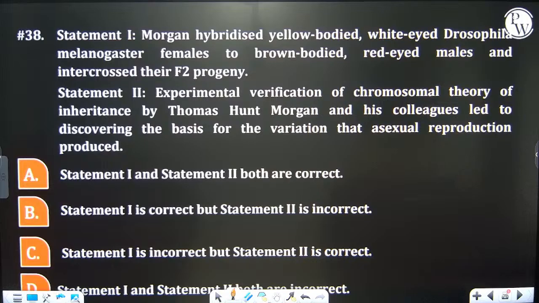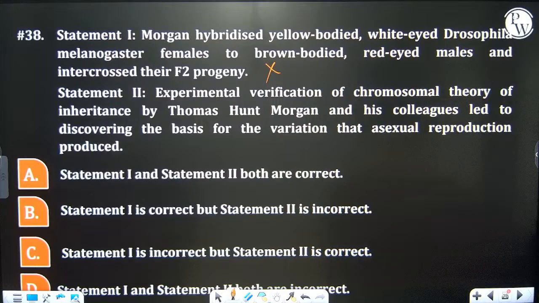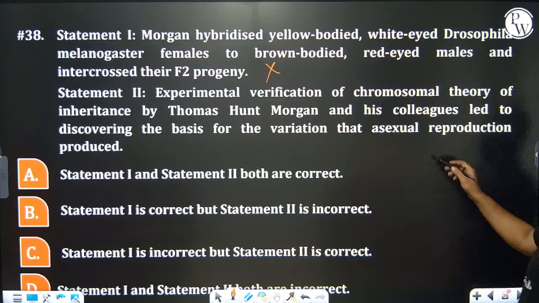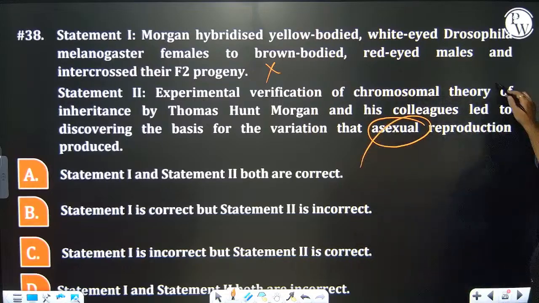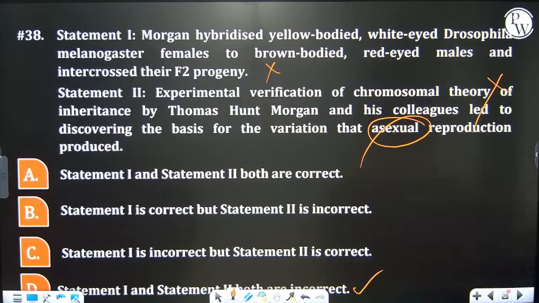So the answer for this is, let's see the second statement. This is wrong. Experimental verification of chromosomal theory of inheritance by Thomas Hunt Morgan and his colleagues led to the discovery of the basis of variation that asexual reproduction produces. No, sexual. So this is also false. So I would go with D as the answer. Both the statements are incorrect.